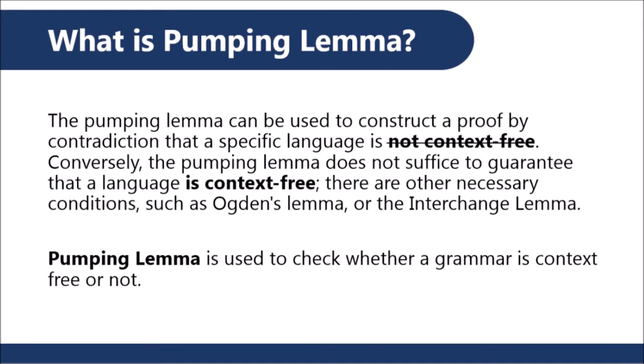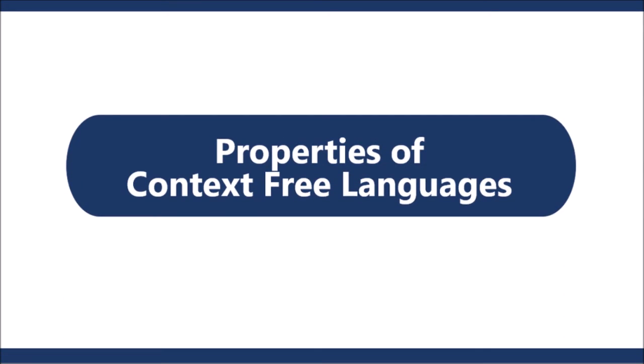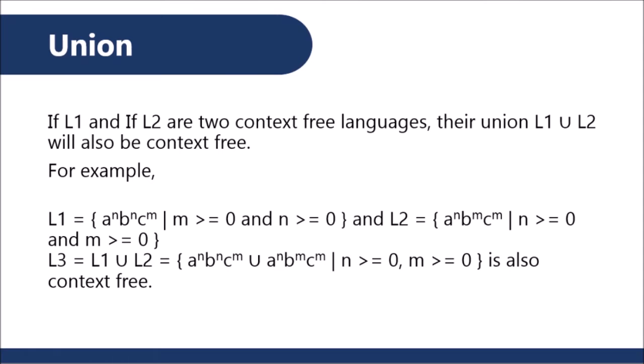Properties of context-free languages. Union. If language 1 and language 2 are two context-free languages, their union, L1 union L2, will also be context-free. For example, language 1 is a^n b^n c^m, where m is greater than or equal to 0 and n is greater than or equal to 0, and language 2 is a^n b^m c^m, where n is greater than or equal to 0 and m is greater than or equal to 0.